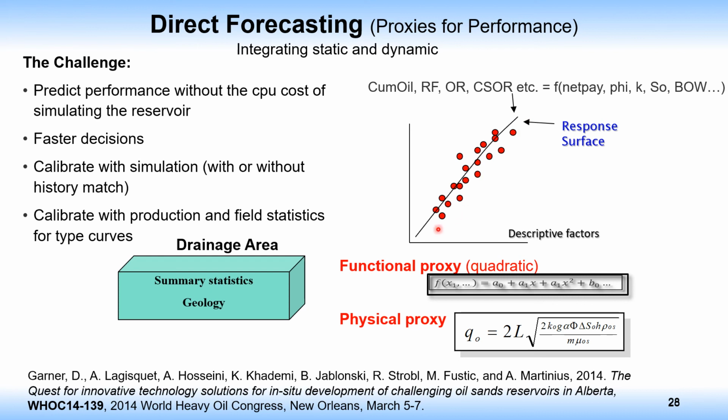So we run different realizations and scenarios from our ranking to get that response surface. We could use functional proxies like quadratics, or we can use physical proxies. This is just one equation, and that's discussed in this paper.